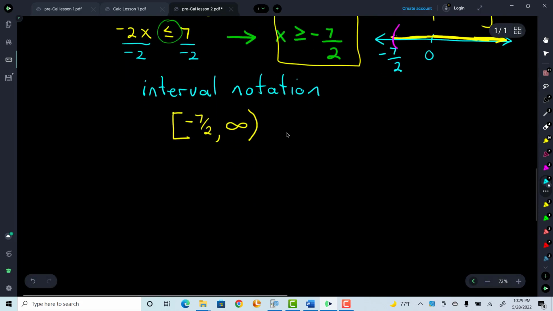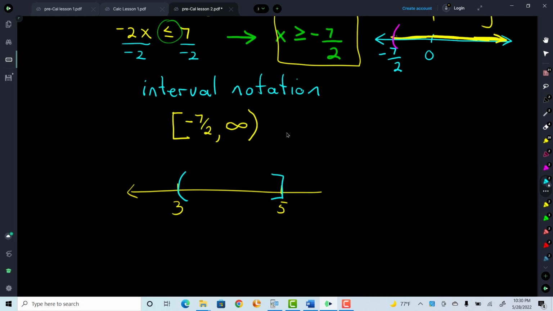So how would I write this solution in interval notation? Let's see here. We're going to go from 3, and we'll put a 5 there. And we're going to put a parenthesis, and we're going to put a bracket there. What does this solution actually represent?